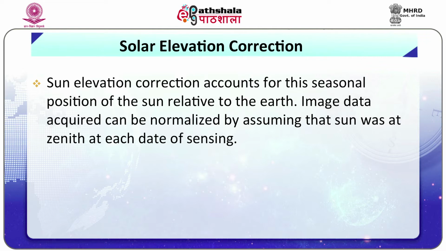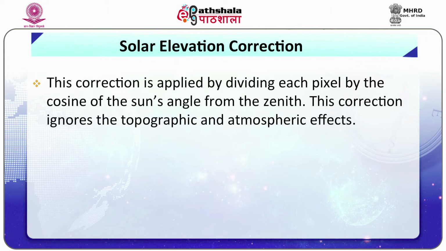Image data acquired can be normalized by assuming that the sun was at zenith at each date of sensing. This correction is applied by dividing each pixel by the cosine of the sun's angle from the zenith. This correction ignores the topographic and atmospheric effects, which is shown in figure 10.